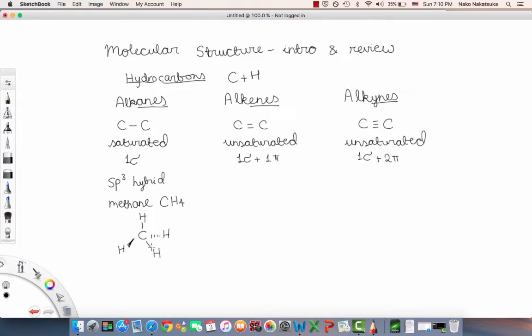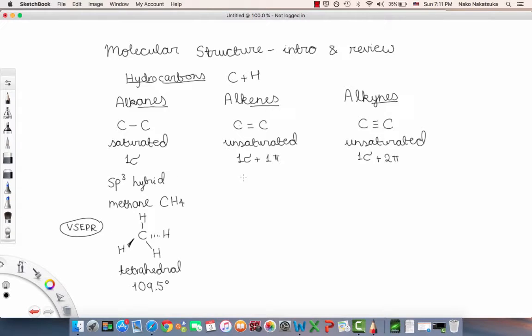Another thing you might want to review is VSEPR, which is a fundamental general chemistry concept that you'll need to know to apply in drawing all the different molecular formulas that you'll see. In the case of methane, you have these carbon-hydrogen single bonds, and you get this tetrahedral structure. Since it's tetrahedral, all the bond angles between these bonds are 109.5 degrees, and it's sp3 hybridized.